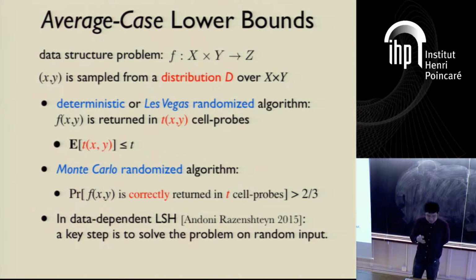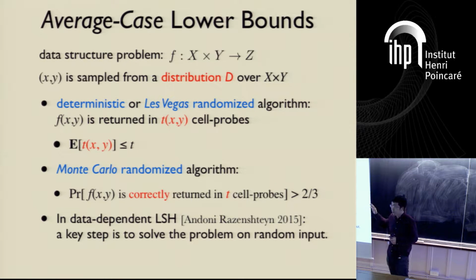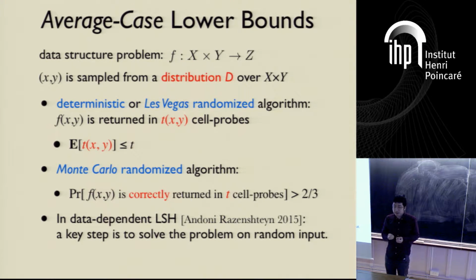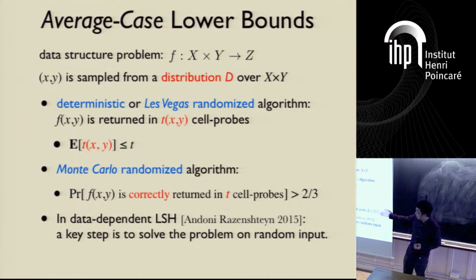But the complaints of my colleagues raise some valuable points, that the dimensionality as well as the complexity of the nearest neighbor search problem should be studied with respect to input distribution. And for data structure problems, this input distribution is a distribution over pairs of queries and databases. And for deterministic algorithms and for randomized algorithms, the average complexity can be defined in a standard way.